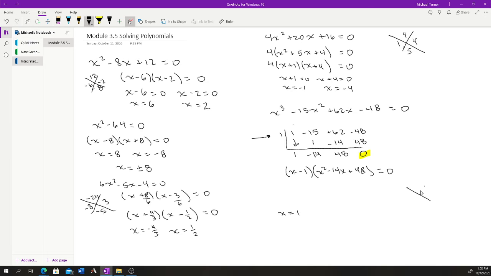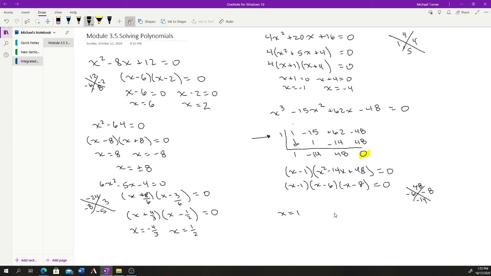To factor out that quadratic there, I'm looking for numbers that multiply to get 48, but add up to negative 14. That ends up being negative 6 and negative 8. So all factored, this is x minus 1 times x minus 6 times x minus 8.